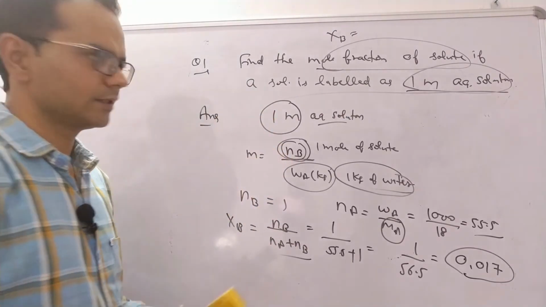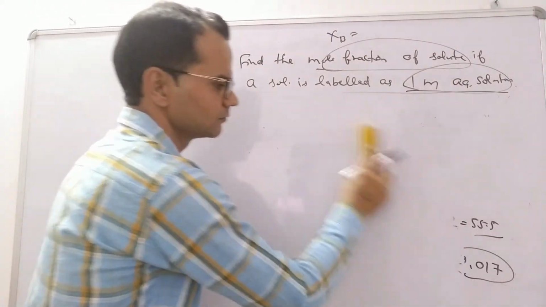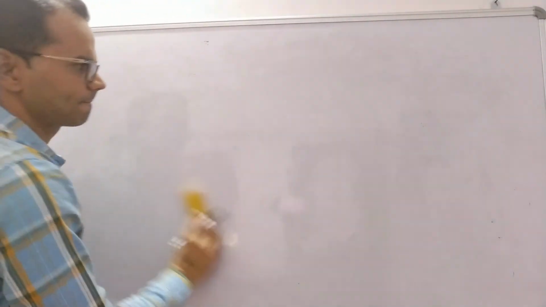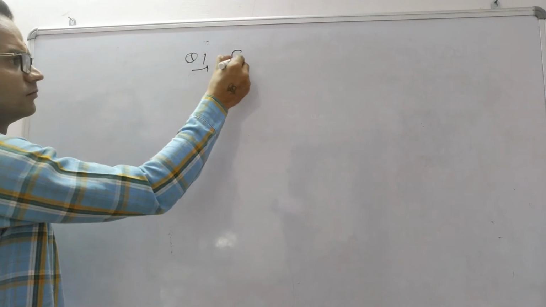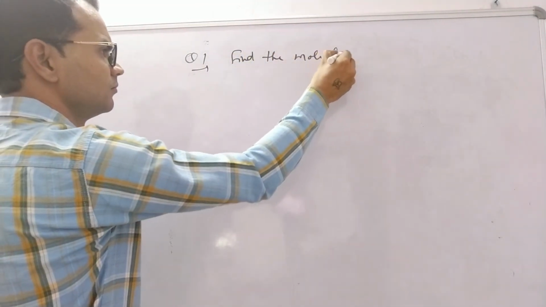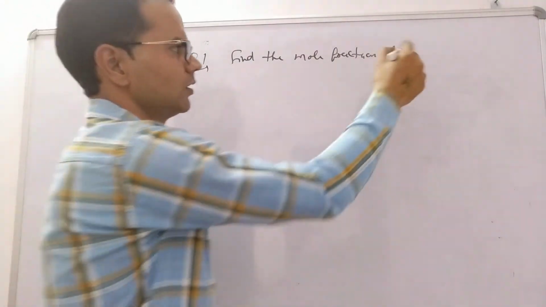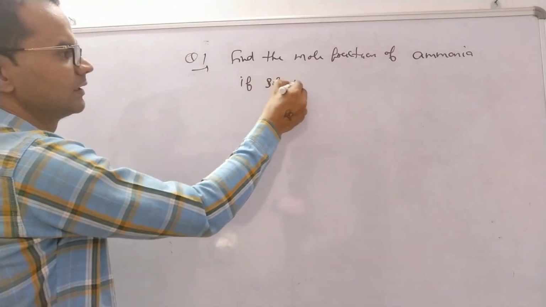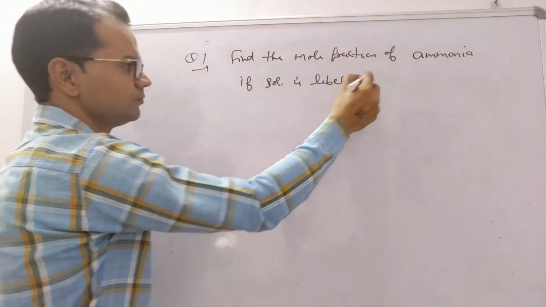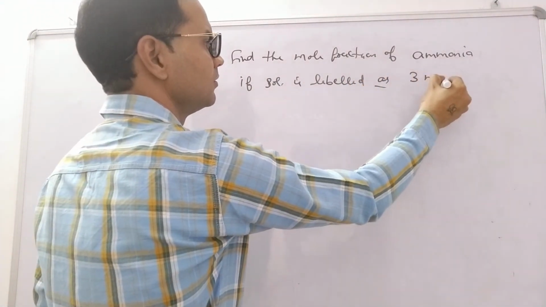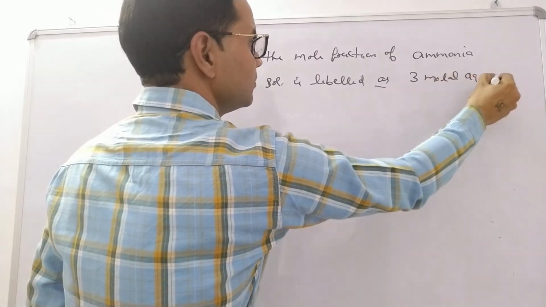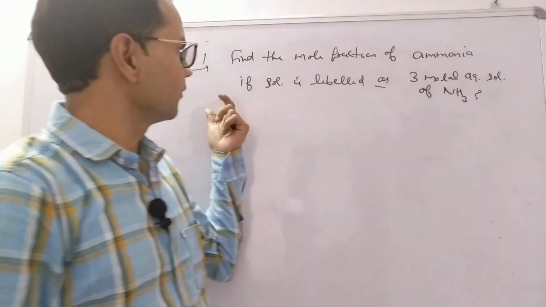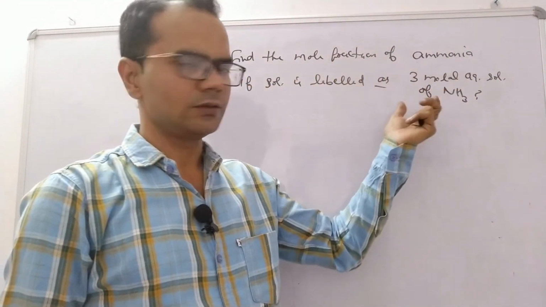Let's do one more numerical. Question is, find the mole fraction of ammonia if the solution is labeled as 3 molar aqueous solution of ammonia.